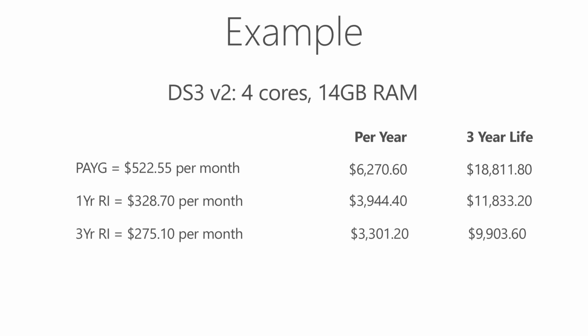If they were to then do a 3-year contract for that, then that's going to again be about $10,000 over that time period. So this gives you the flexibility. You can go pay as you go, but if you can come up with an enticement or the customer wants to lock in those savings for that period of time, you can go to them with that plan using reserved instances to reduce the costs on that infrastructure.